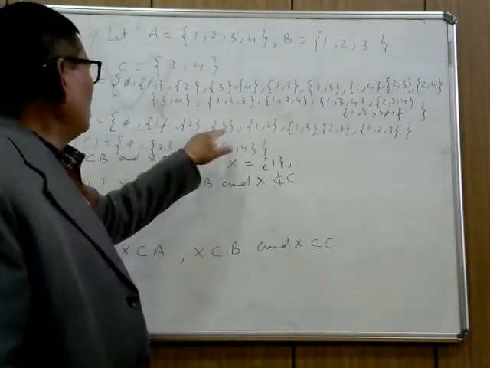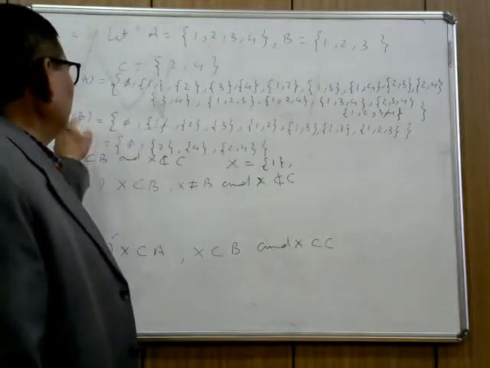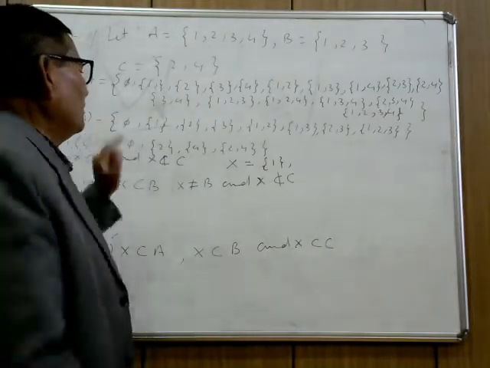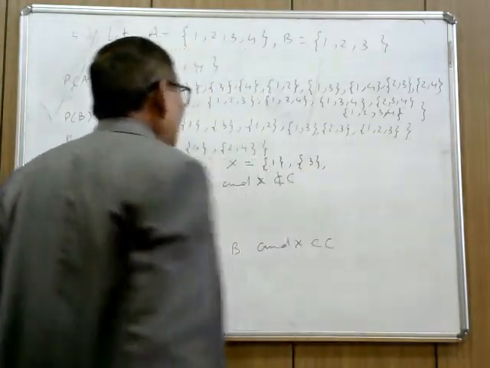Now 3 is a subset of B. The set containing element 3 is a subset of B, but it is not here. So X is taken as the singleton set 3.